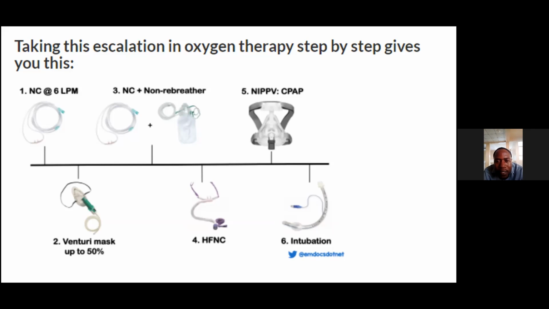So the CPAP mainly gives a continuous positive pressure to try to open the alveoli, as the main cause of hypoxia or hypoxemia in the setting of COVID-19 is atelectasis. You have to open the alveoli by providing a positive airway pressure.